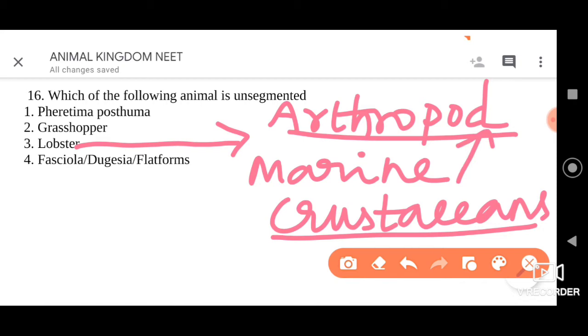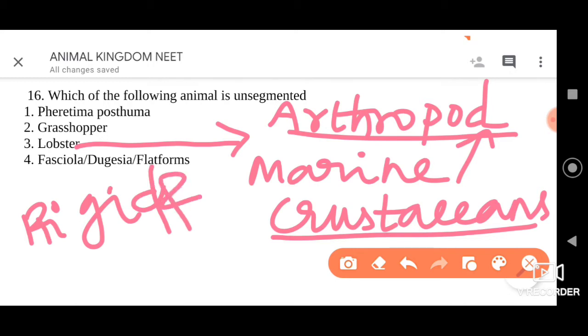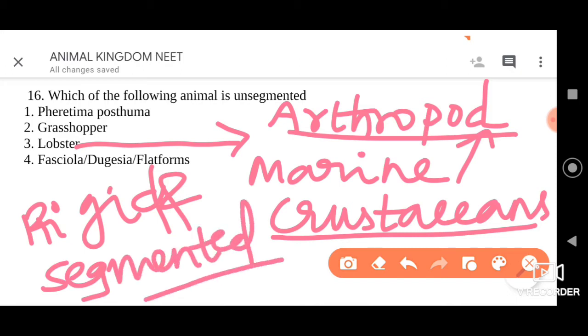They also have an exoskeleton, which is rigid, that means it's very hard, and it is also segmented. So we also find segmentation in lobster. So the only option now left is the fourth.